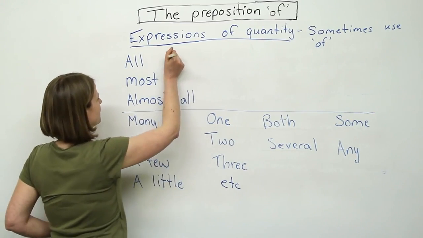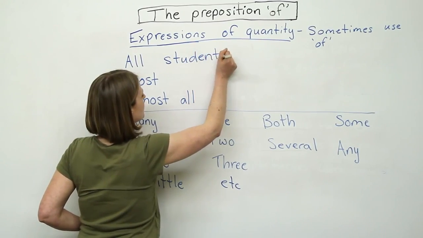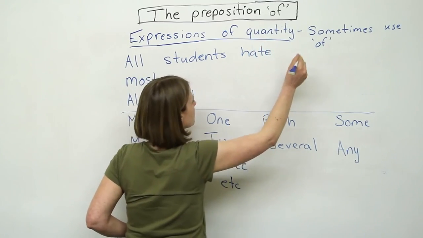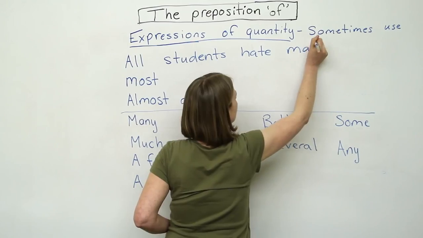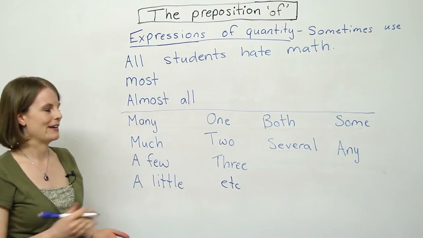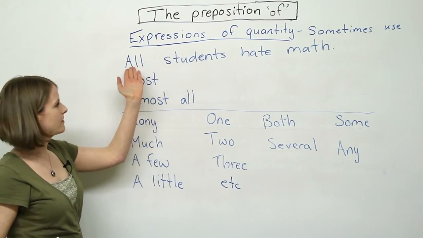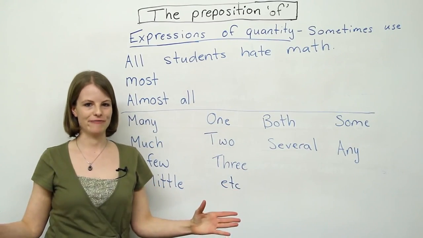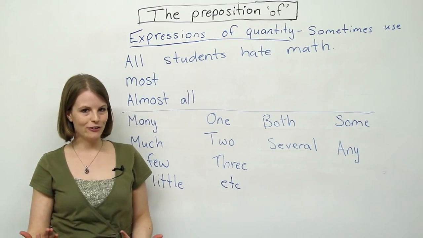So I'm going to write a sentence. Now, of course, this isn't true. All students don't hate math. Now, if I don't use of, all students hate math, I'm talking about students in general. I'm not talking about a specific group of students. I'm not talking about my friends who are students.